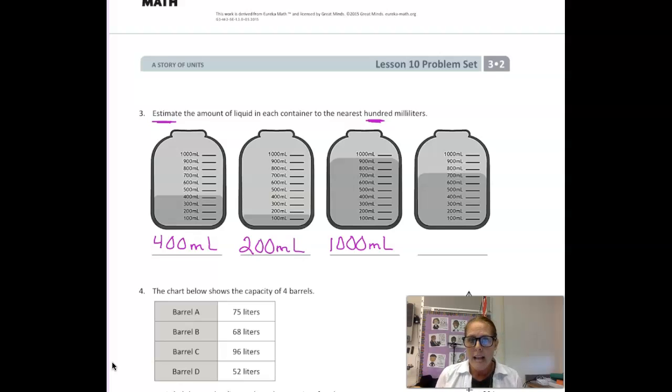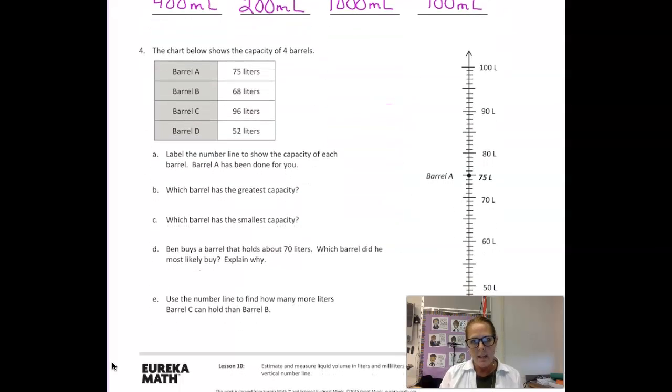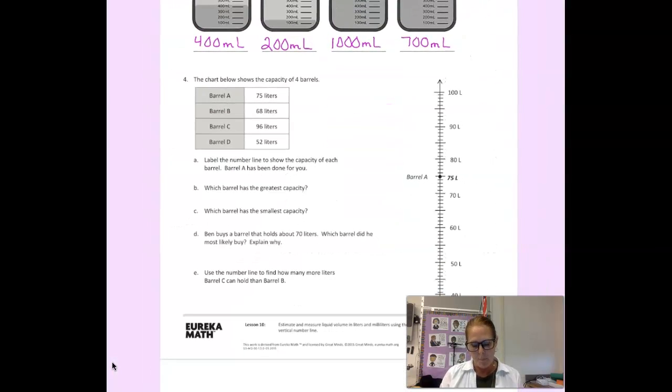See if you can do the last one on your own. And that one is just slightly closer to 700 milliliters, although that one's tough, but it's just a little bit closer to 700. Let's take a look at problem 4.